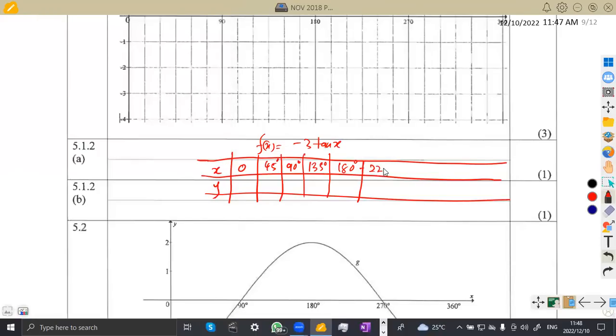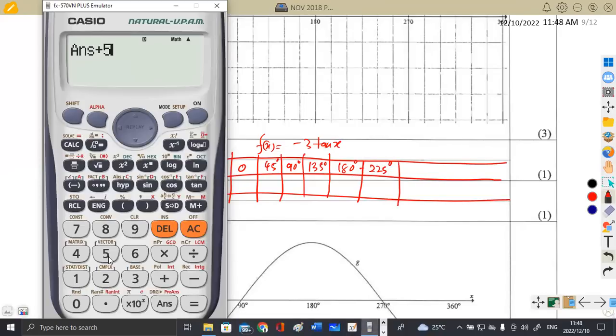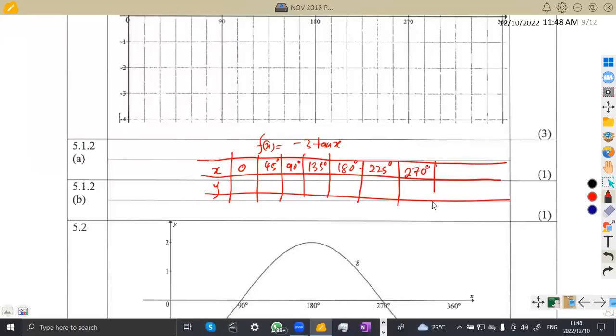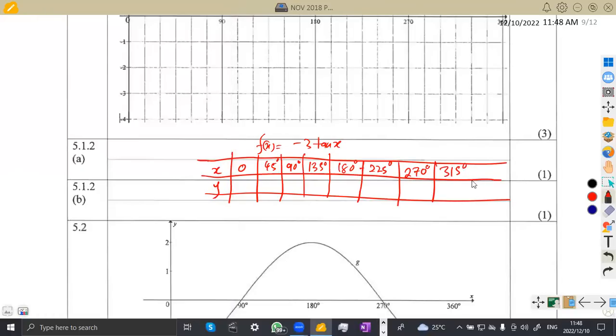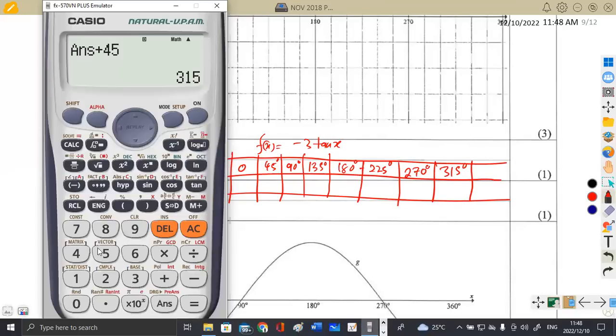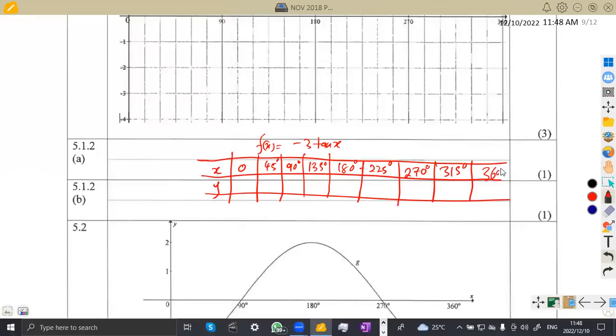So this is 225 degrees, plus 45 again. This is going to be 270 degrees. All right, we add 45 again until we reach 360. So that is 315 degrees. Then we add 45 again, which is 360 degrees. All right.